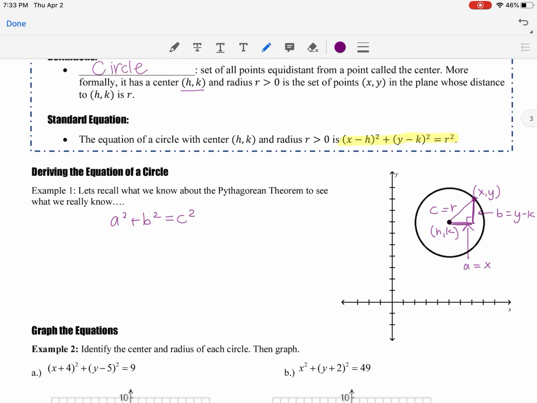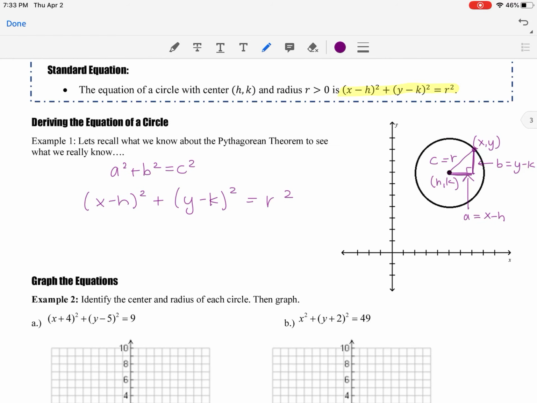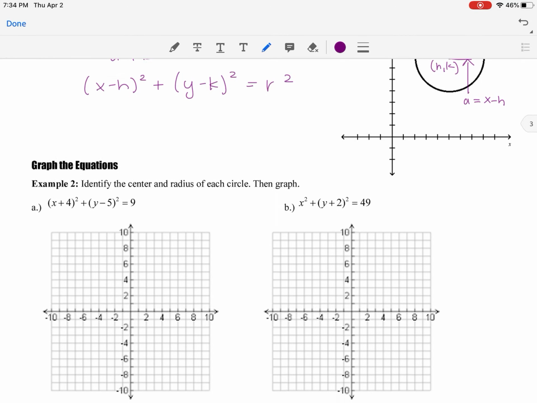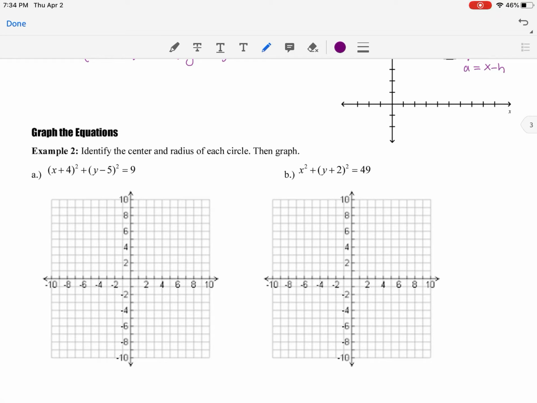This is now your x value, your horizontal, but if I just want that little bit of my x distance, I've got to subtract this bit over here on the left, which is the value h. So therefore, x minus h. Then it's simply just plugging in to the equation. (x minus h) squared for a, plug in (y minus k) squared for b, and then plug in r squared for that c. And there we go. We got the equation of a circle.